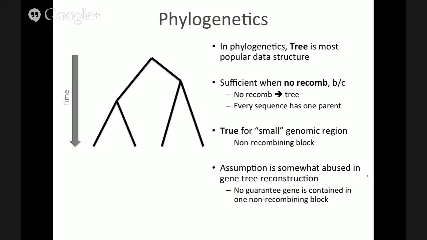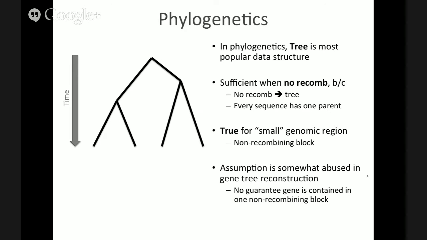And you can use this for species that really don't have recombination, or for any small genomic region that is unlikely to contain recombination. So some small non-recombining block, or perhaps you're looking at very long periods of evolutionary time, and the distortions that recombination introduces are negligible. Okay.